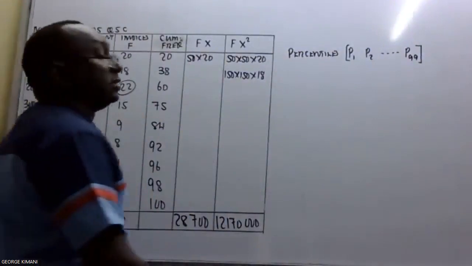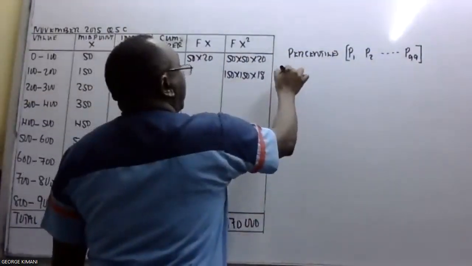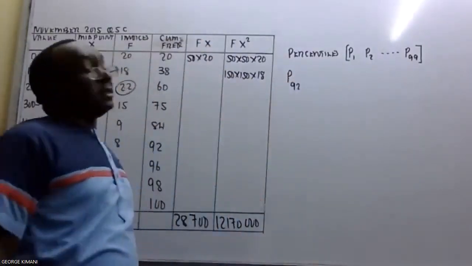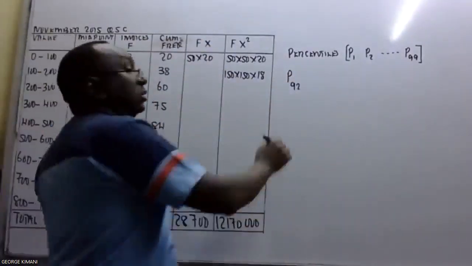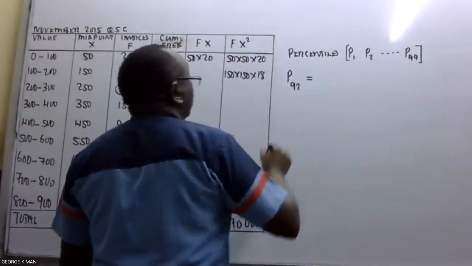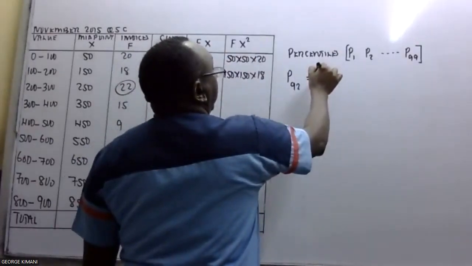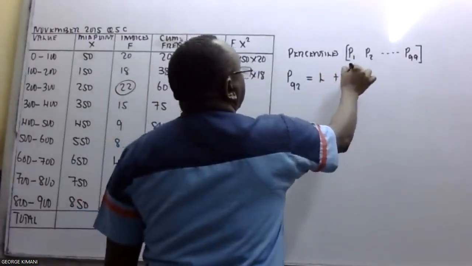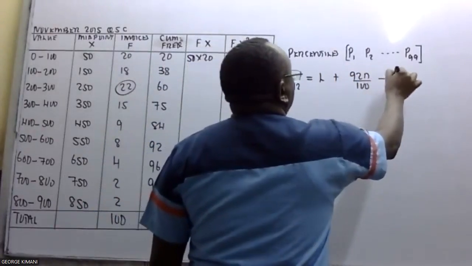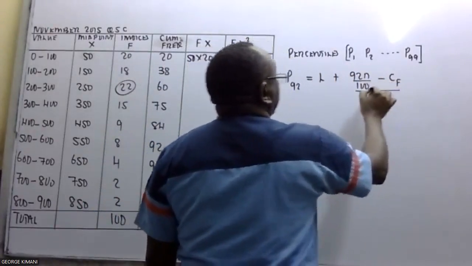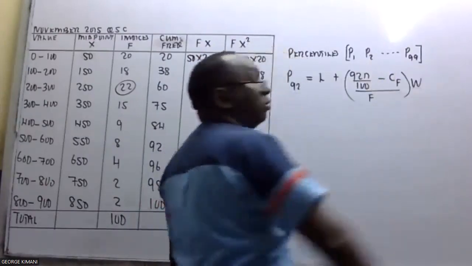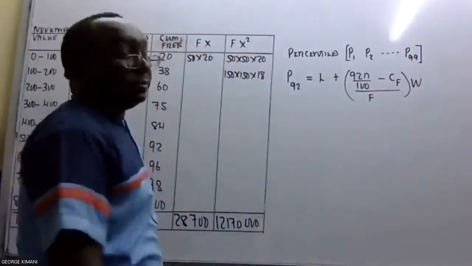So if I want, for example, percentile 92, it will give me L plus 92N out of 100 minus CF divided by F. Then you multiply by W.